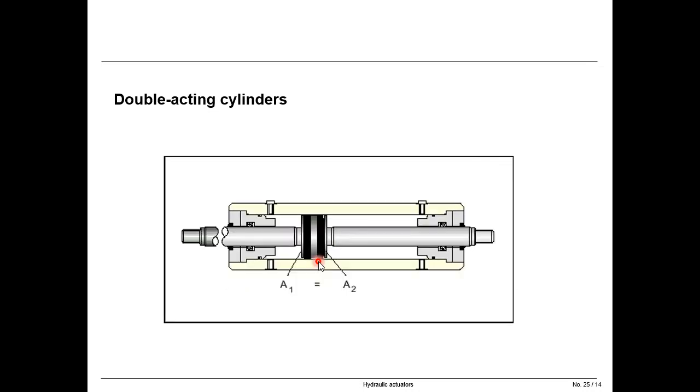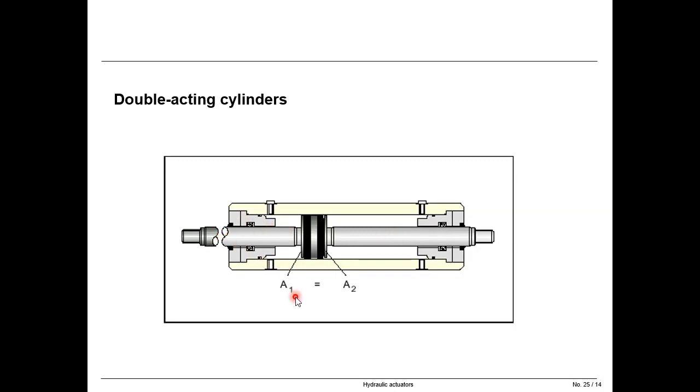So there is also a double rod cylinder, like here you see. We learned it also in pneumatics. That means this linear actuator has a double rod.